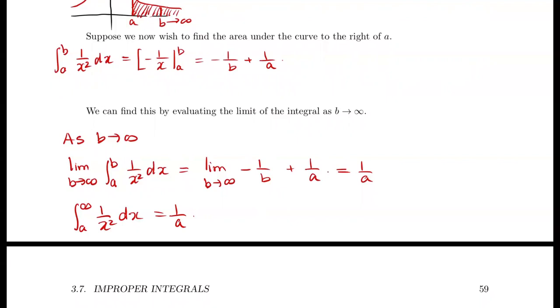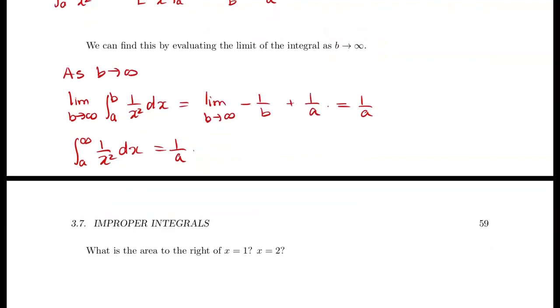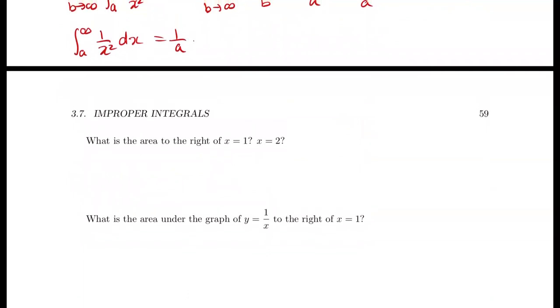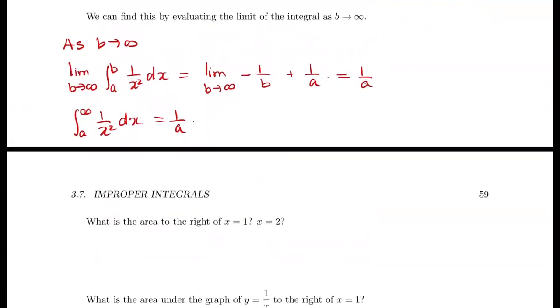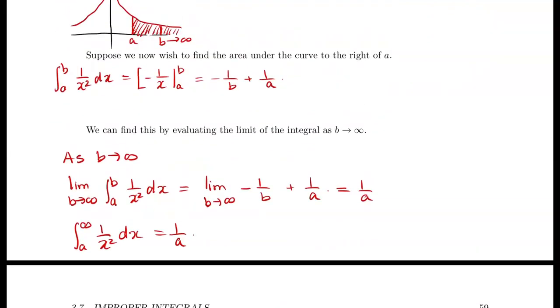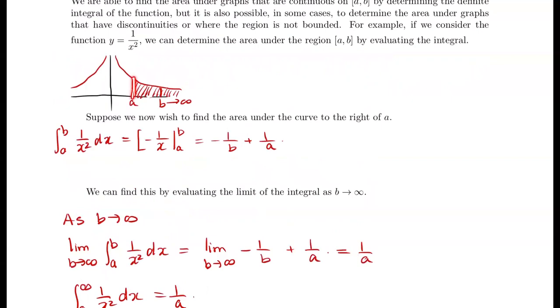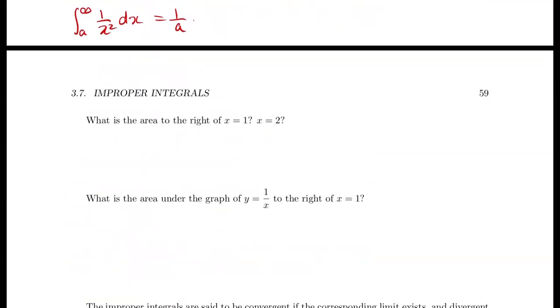We want to try to evaluate some infinite integrals or regions that are actually at infinity rather than just at a finite b value. Okay, so what is the area to the right of x equals 1 or x equals 2? Well, over here, if we say a was equal to 1, then that'd just be the integral from 1 to infinity of 1 divided by x squared dx.